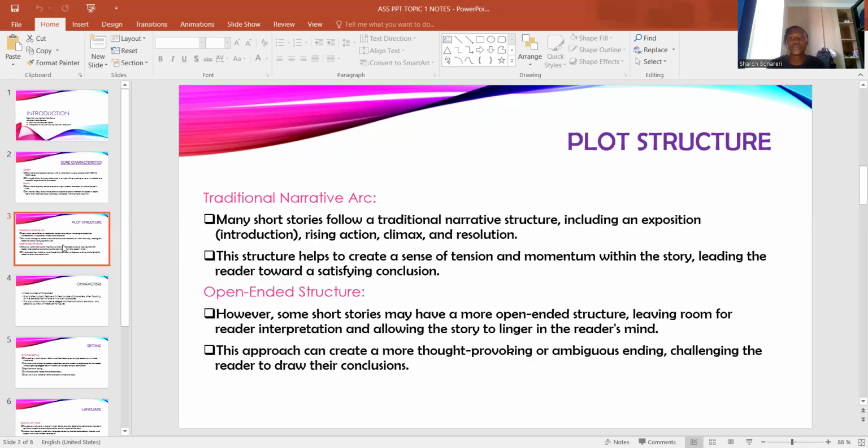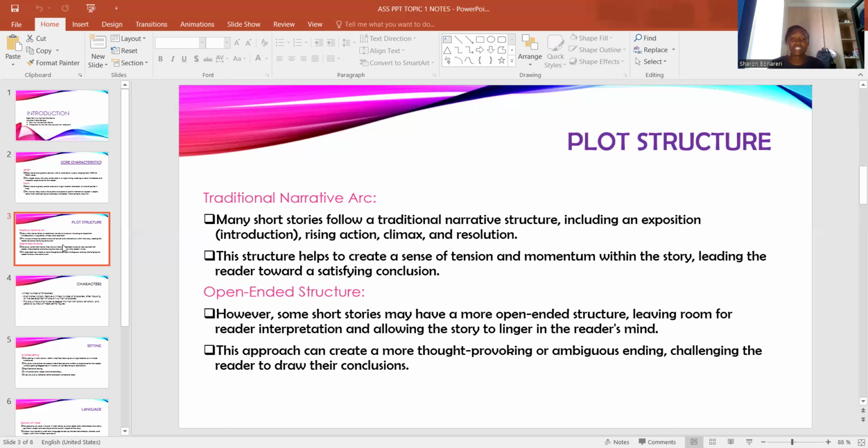So let's go to the plot structure, how a short story should look. We've got the traditional narrative arc and the open-ended structure. We all know the traditional one.